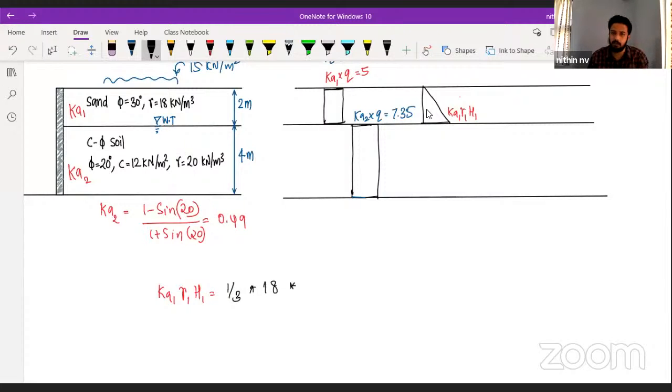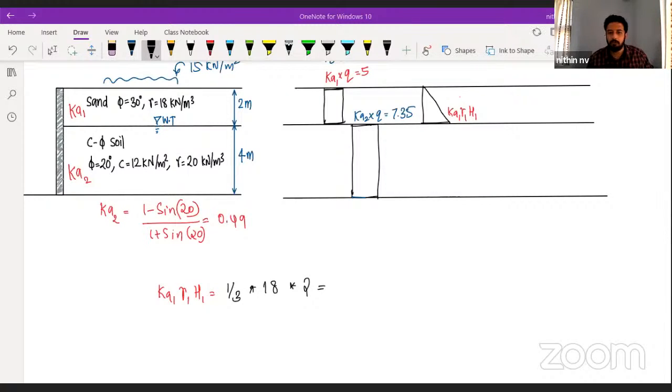If it is not under the water table, then the bulk unit weight, which can be dry or saturated, maybe due to rain. Whatever they are giving, we take as it is. Here they have given 18, so it is under dry condition. 18 into H1, which is 2 meter. Calculate and tell me how much this is.